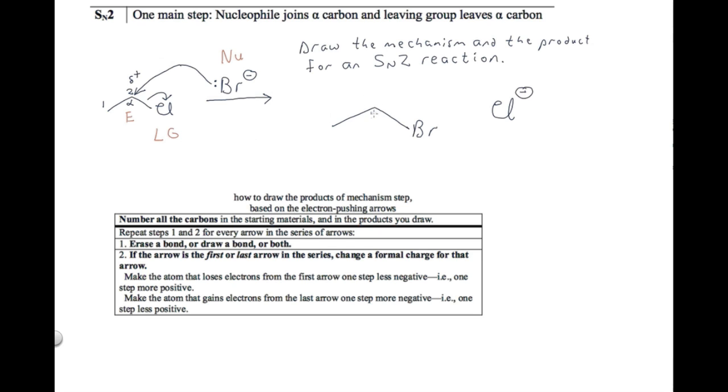So notice that it would be useless to call these carbons 3 and 4, because then you're not using the numbers to show how these two carbons are the same as these two carbons. So make sure that your numbers are consistent between your pictures so that the numbers will show you which carbons are the same in different pictures.